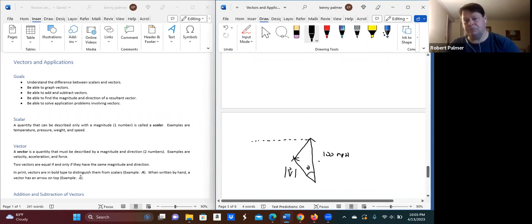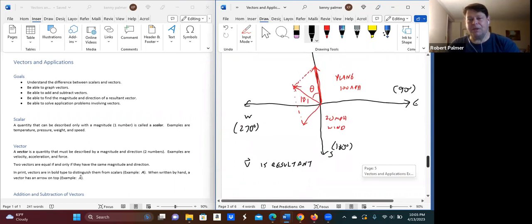This is 20 miles per hour, that length. Now, let's think about what happens. Here we said west is 270. This direction here is 225. So the angle from my x-axis to this direction is 45 degrees. If I draw a similar line across here, that angle is also going to be 45 degrees.